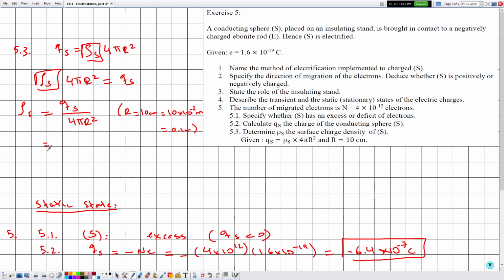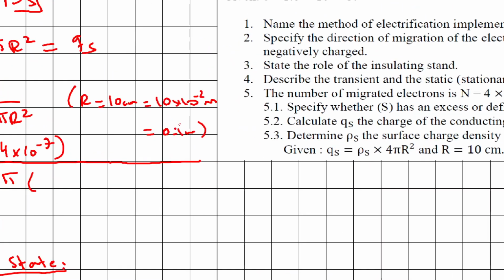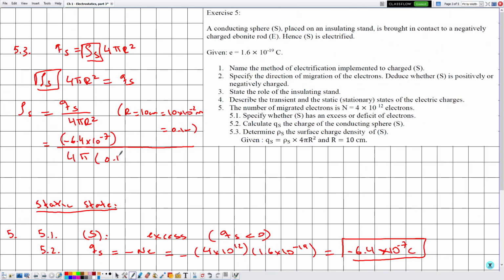Now this is equal to the value of Qs, which is minus 6.4 times 10 to the power minus 7, divided by 4 pi times r, which is 0.1, and we don't forget the brackets.